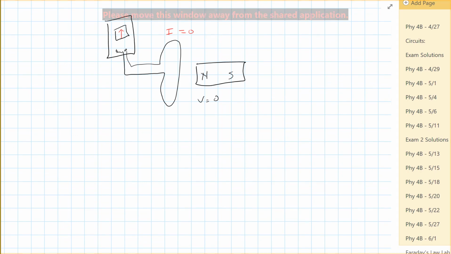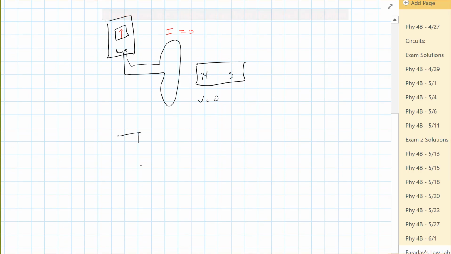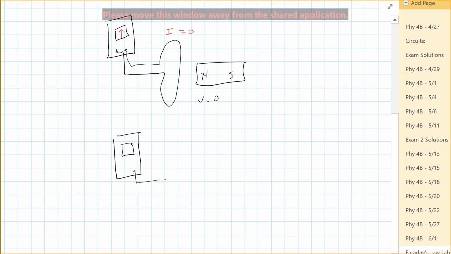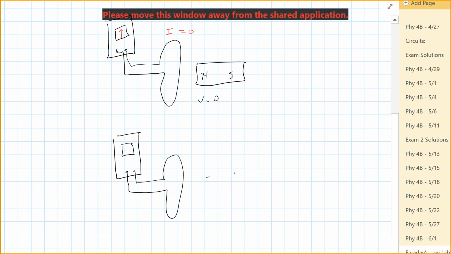And if I move my magnet away, I get current in the opposite direction.